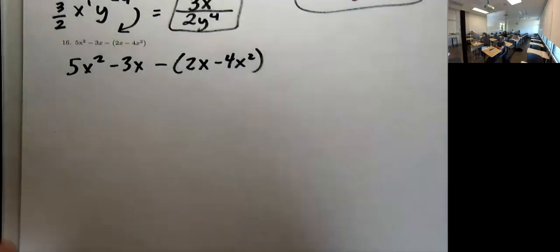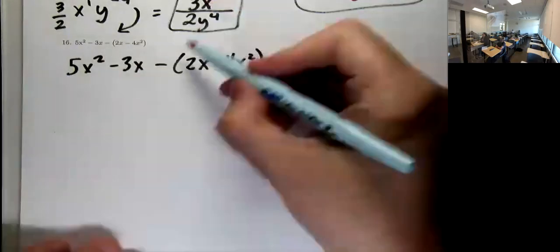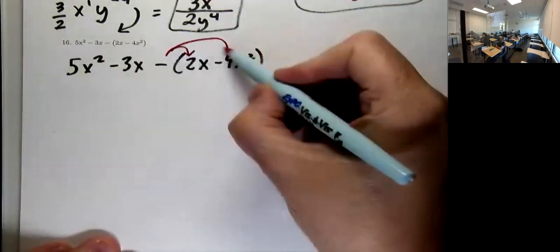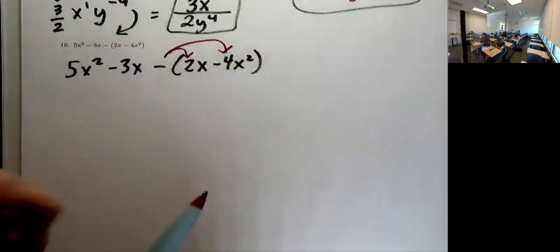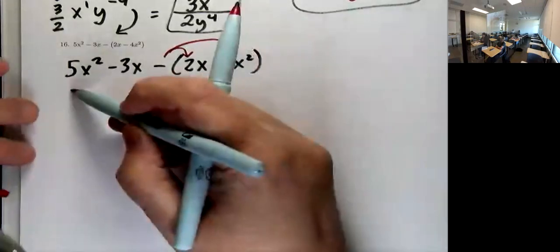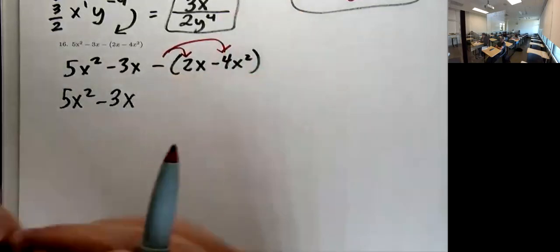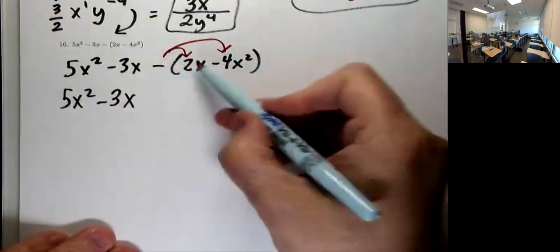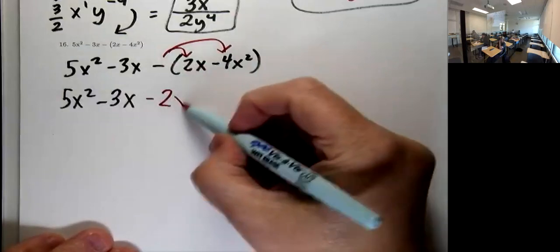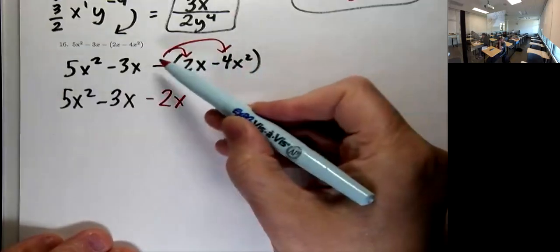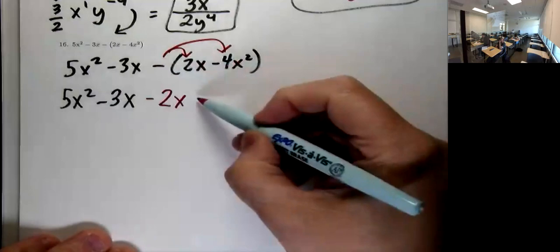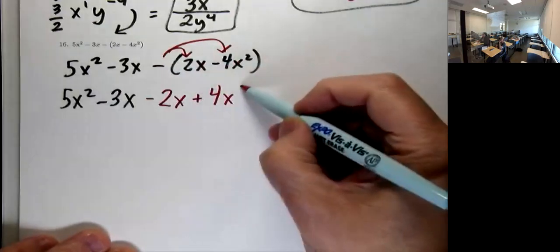Okay, the best thing to do here is to distribute this negative sign to get rid of the parentheses. So I still have the 5x squared minus 3x. As I distribute the negative sign, negative times 2x is negative 2x. And negative times negative 4x squared is plus 4x squared.